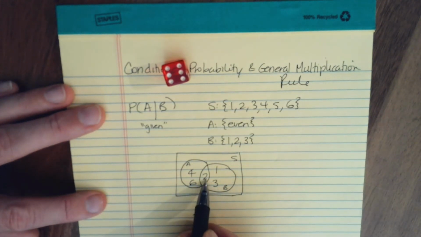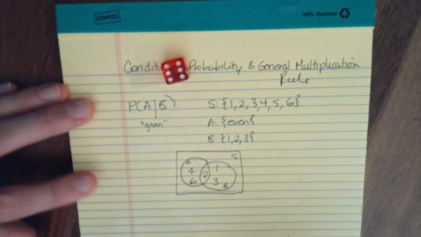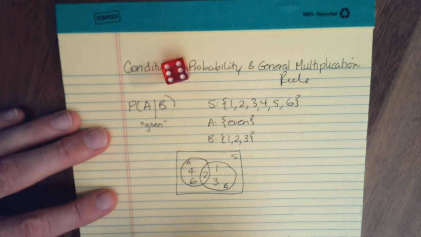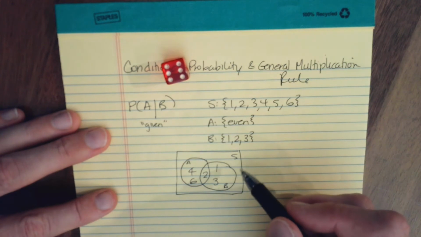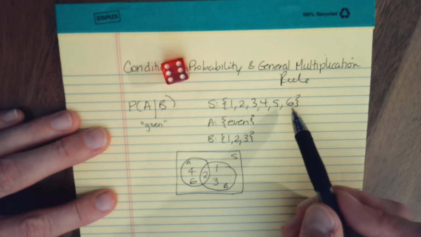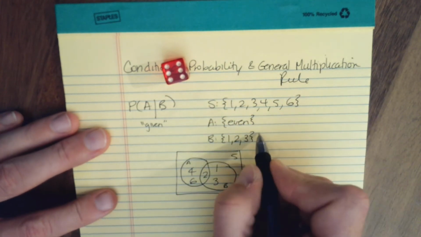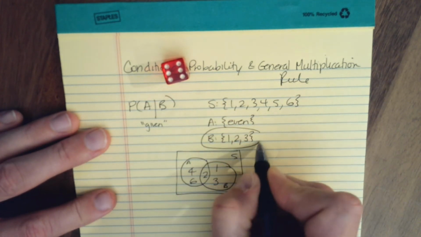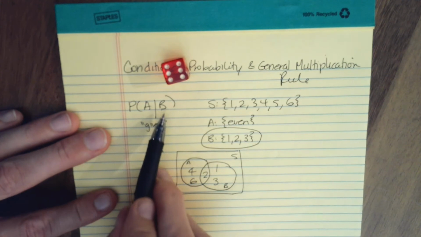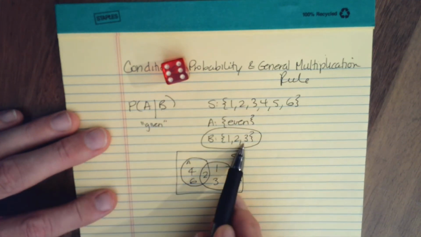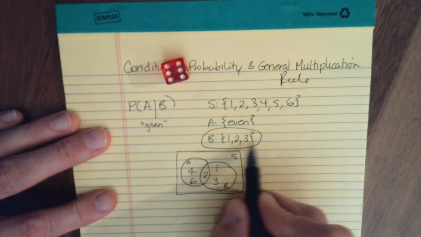Now notice they have the 2 in common. So when I say A given B, I'm narrowing the pool of possible outcomes from the entire sample space down to just this subset B. The outcome is definitely within the set B, so it's a 1, 2, or 3.